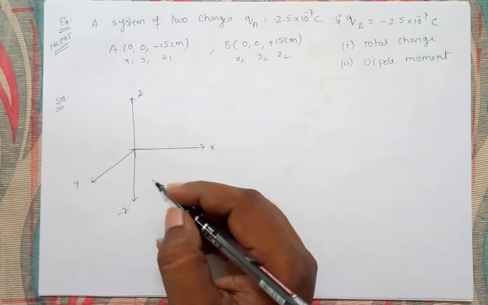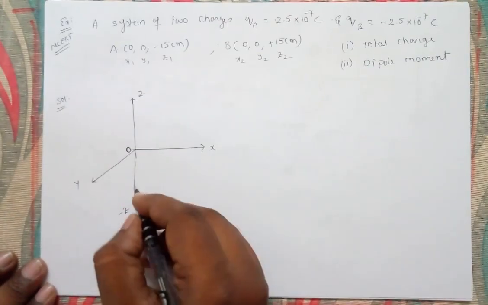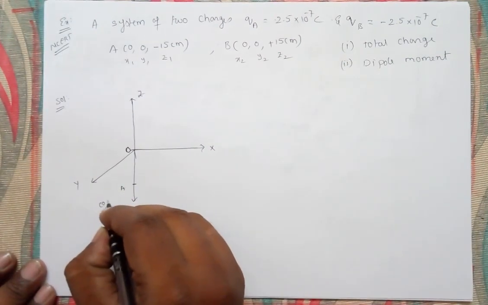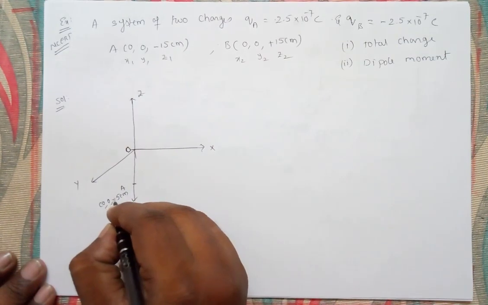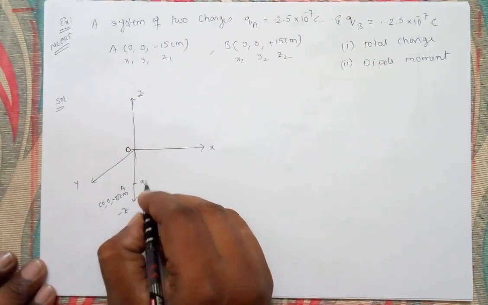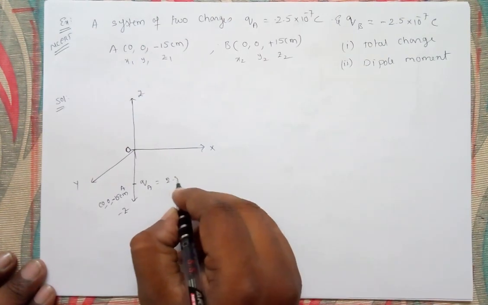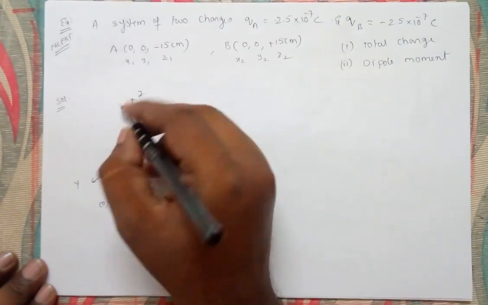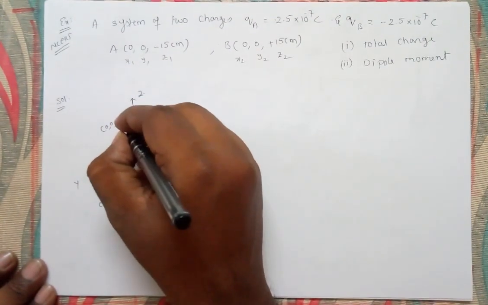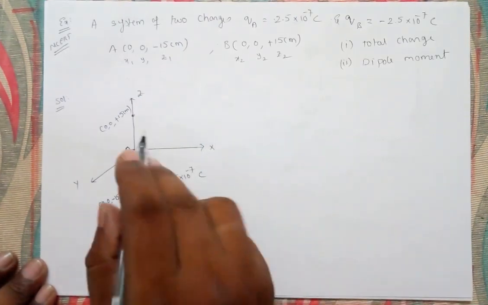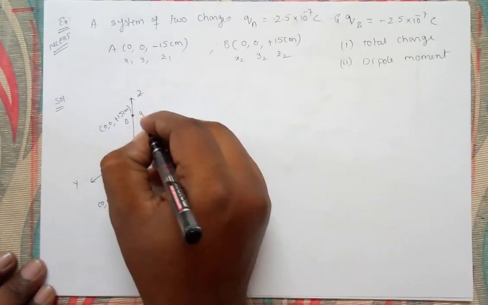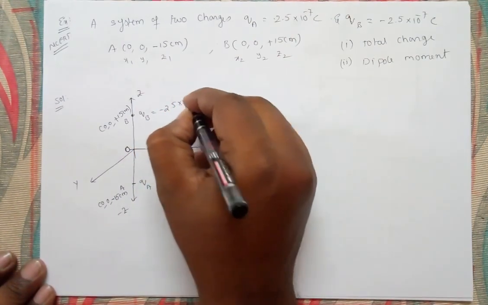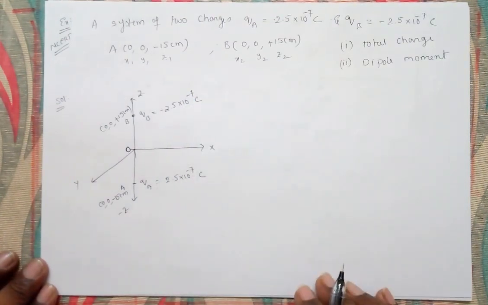From the origin, this point is A, that is 0, 0 and minus 15 centimeters. Here the charge QA is located, 2.5 into 10 raised to minus 7 coulomb. And at B, 0, 0 and plus 15 centimeters, the charge QB is located, minus 2.5 into 10 raised to minus 7 coulomb.